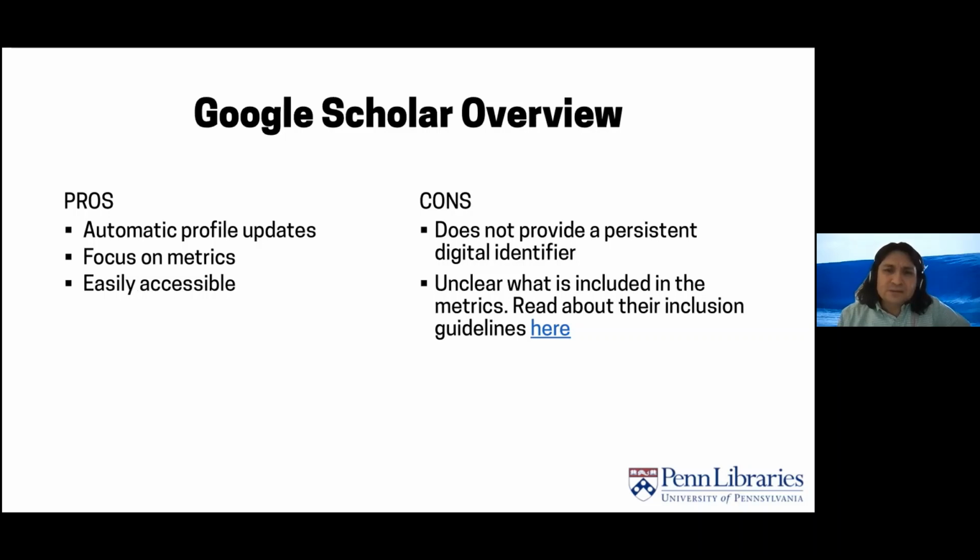And sometimes it's unclear what is included in metrics, in terms of what kind of publications make it. Google Scholar can sometimes be a bit obscure about things, just like Google in general. So that reflects in Scholar too. If you're interested in those things, I encourage you to follow that link.